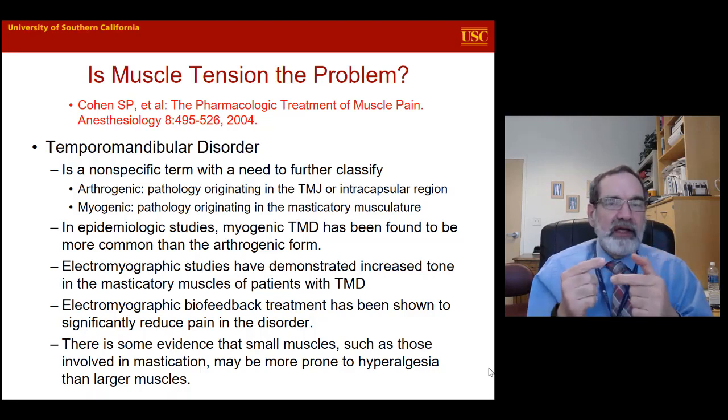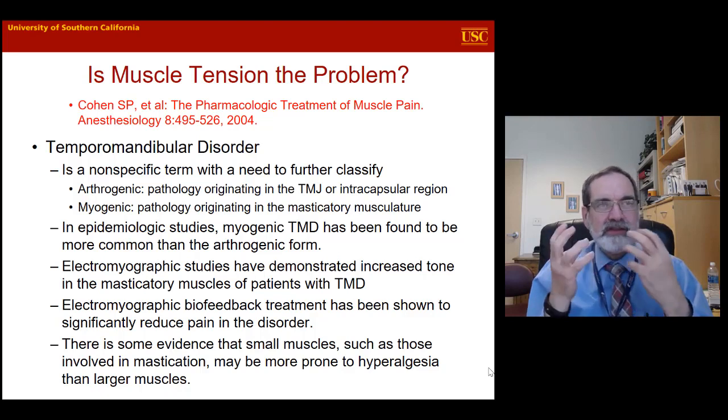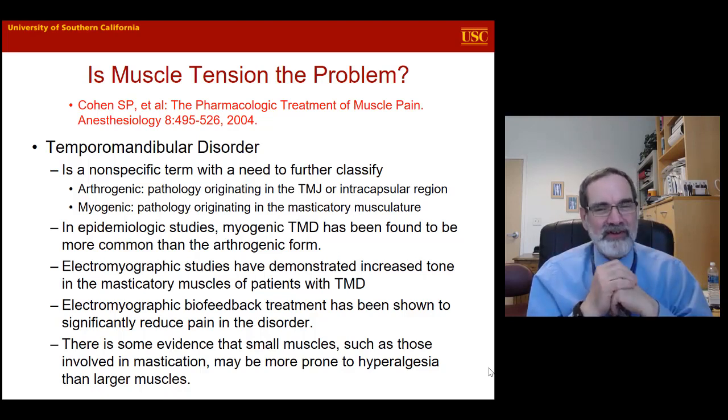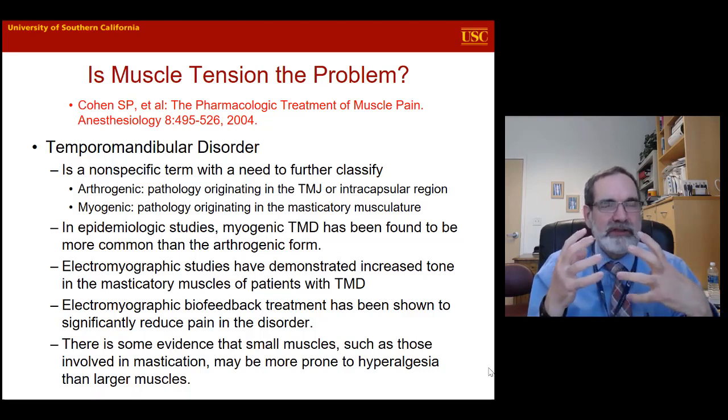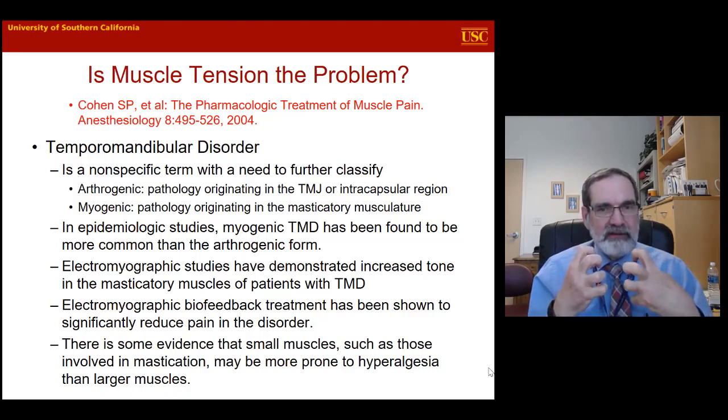We can provide biofeedback treatment, which can make a significant difference. It's also interesting to know that it's the small muscles, such as these muscles around our jaw, that are more prone to developing hyperalgesia, becoming hypersensitive to pain signals, than the larger muscles of our body.